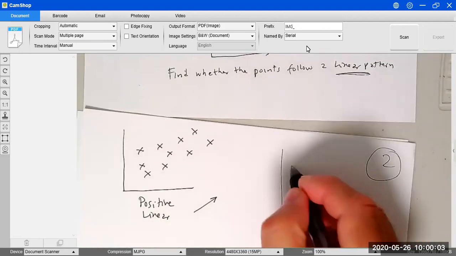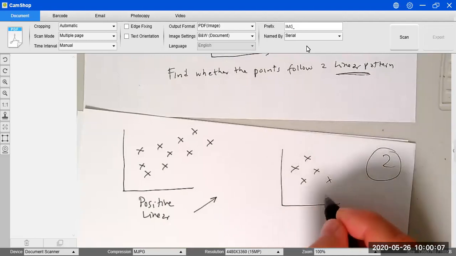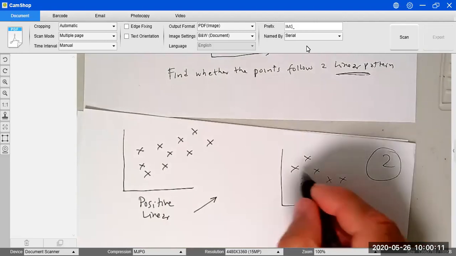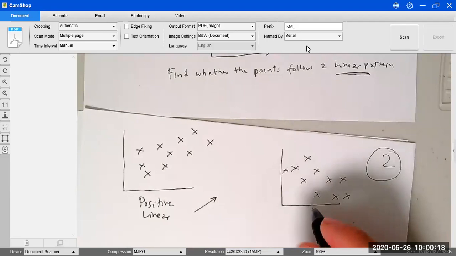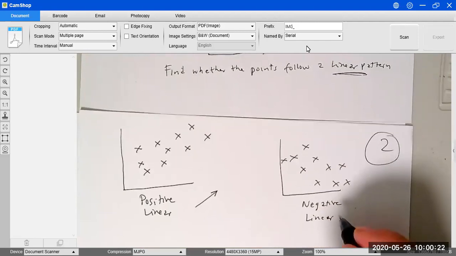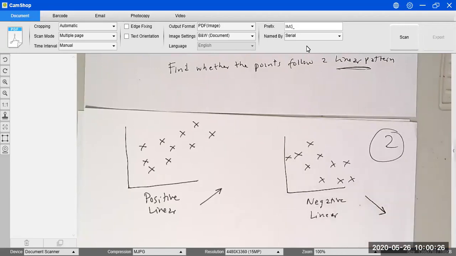You might have points that look like they are following a negative linear pattern. So this is going to be a negative linear pattern. So the points follow this behavior.